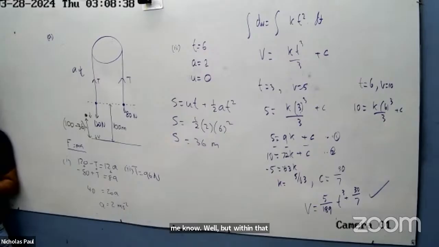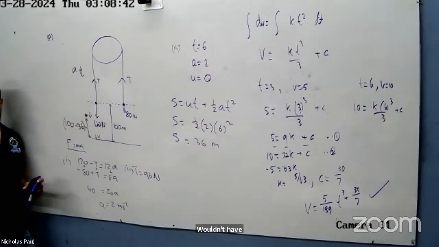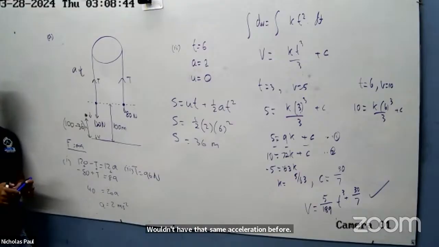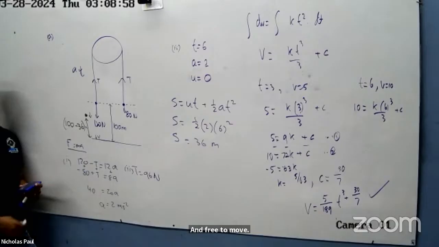Would it have that same acceleration as before? Huh? No, it's disconnected. That acceleration was a connected acceleration. So it's not there anymore. It's free to move. But we need something. We want to find V and we have S.